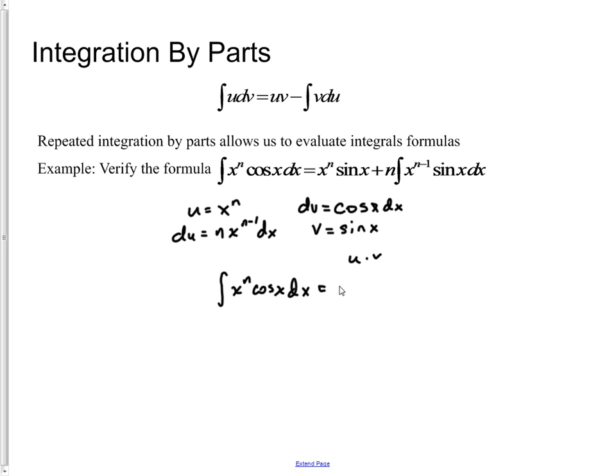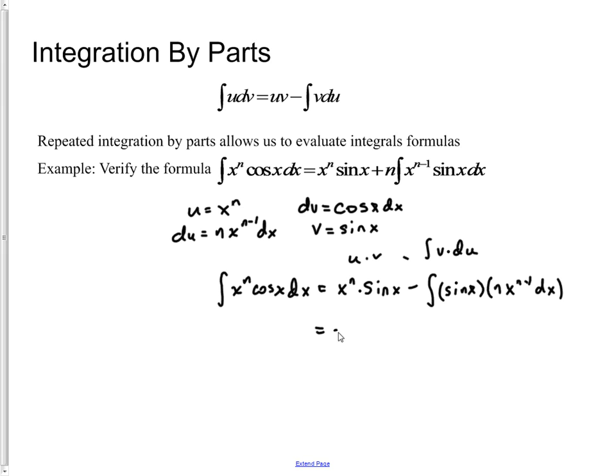So we've got x to the n times our function v, sine of x, minus the integral of v times du. For v, we have sine of x, and of course, for du, we have n times x to the n minus 1 dx. Sure enough, that's our formula as displayed above.